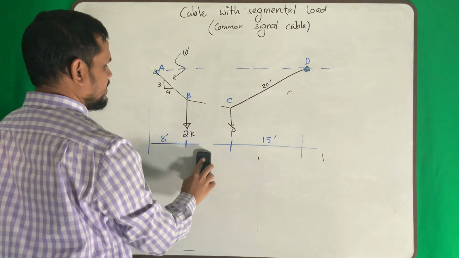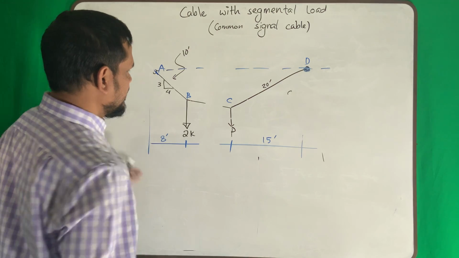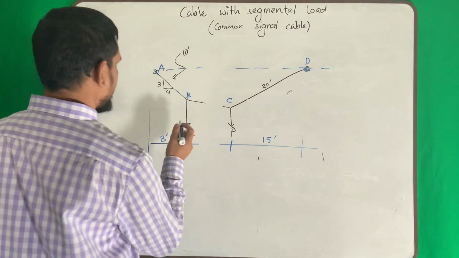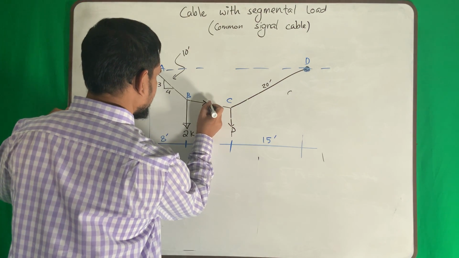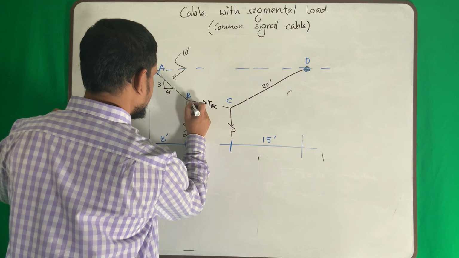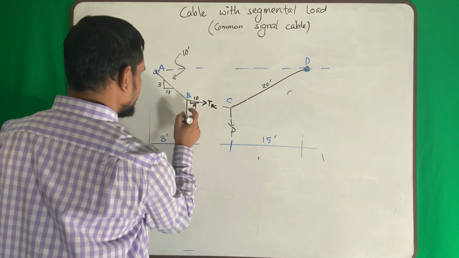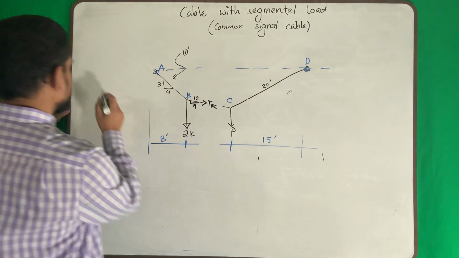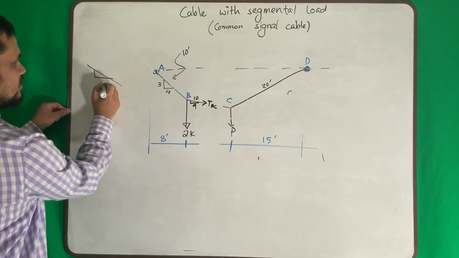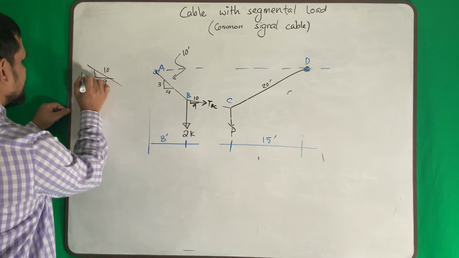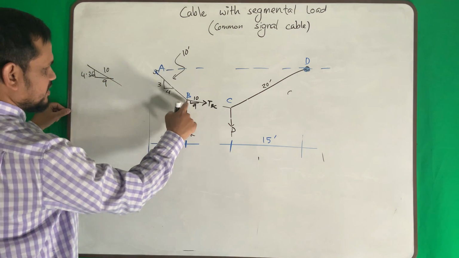If I take a section here, cut here, this is TBC, the slope here is 9, that one is 10, this portion was, okay, write it down, 9, 10, this was 4.36, this side.